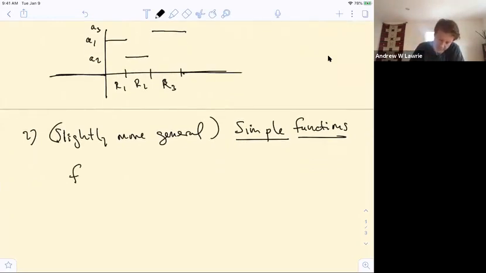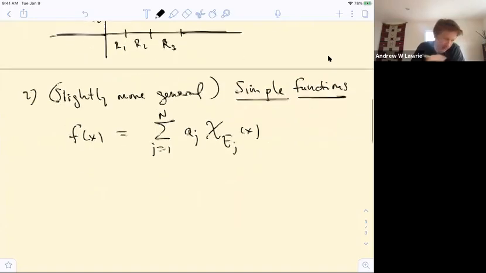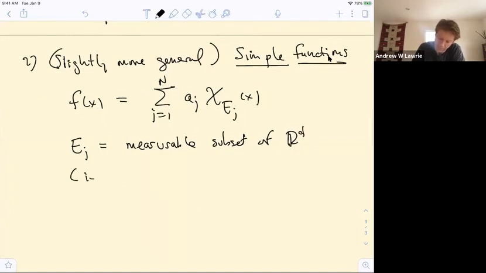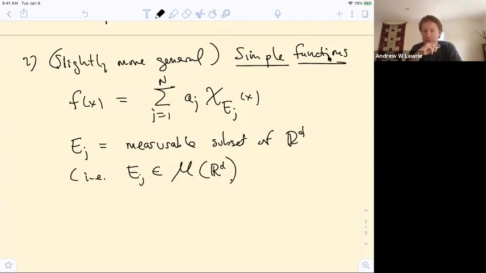So functions of the form f of x equal to the sum from j equals 1 to n of a_j chi_{E_j} of x, where the E_j are measurable subsets of R^d.